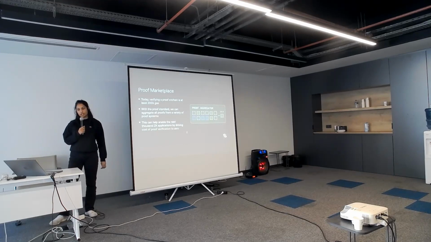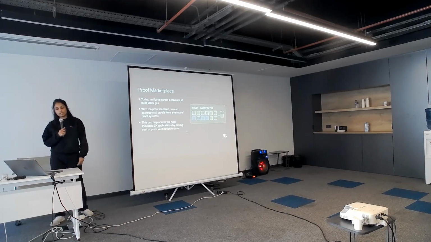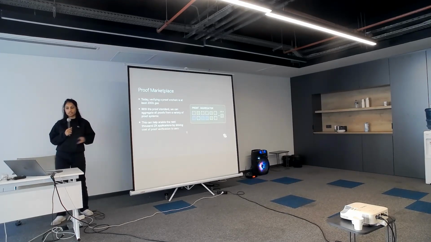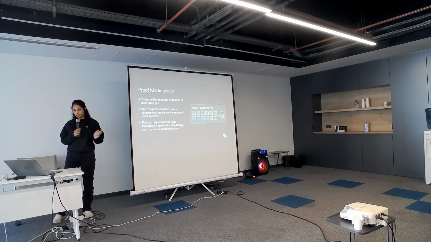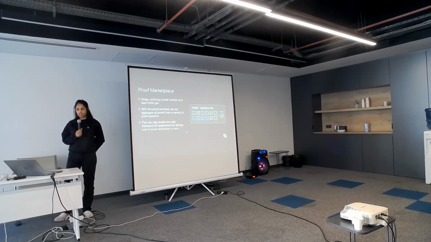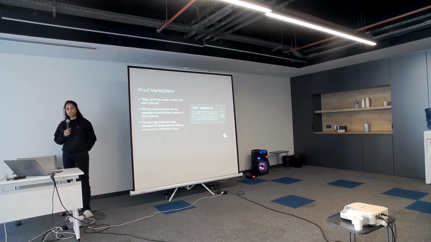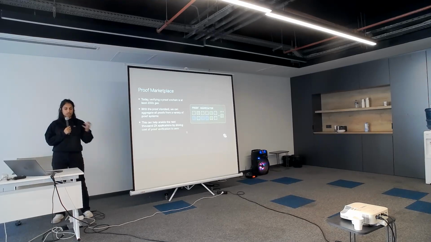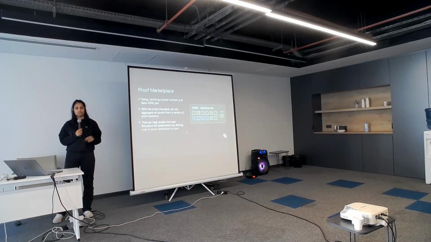And then this should say proof aggregator, but this is the last component of the Succinct protocol and infrastructure layer. Today, verifying a proof on chain costs at least 200K gas. And something that's very interesting about ZK is you can verify another ZK proof in a ZK proof.